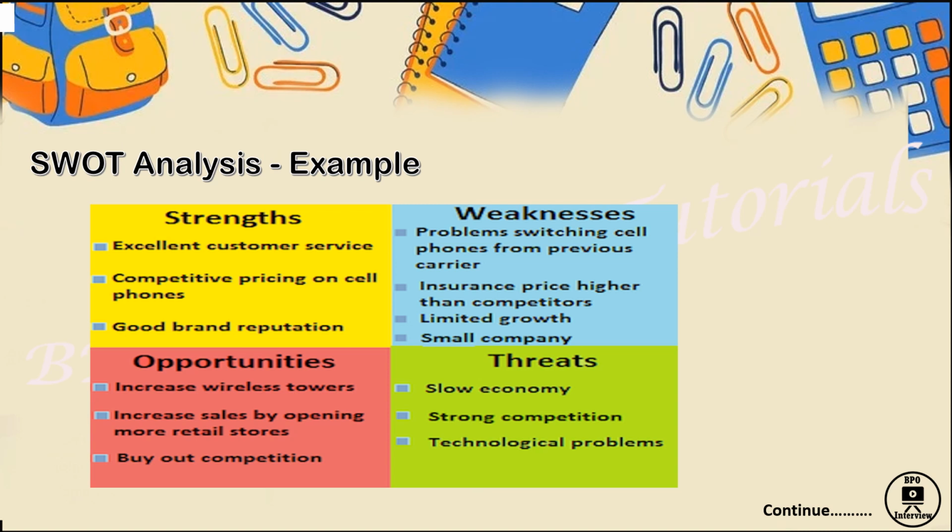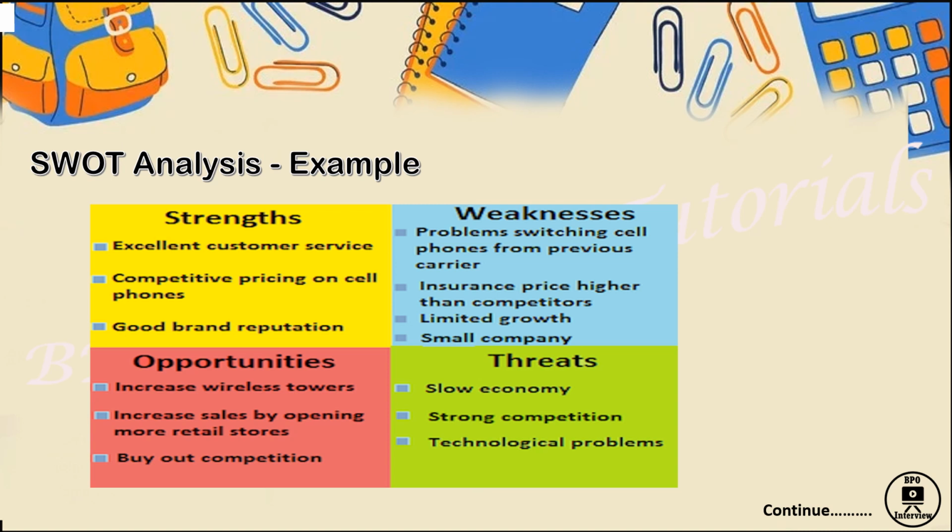Okay, let's move to an example, guys. This is just an example of one company, wherein they have strengths like good customer service, competitive pricing on the sales, and good brand reputation. Now the weaknesses they have identified: switching cell phones from previous carrier, insurance price higher than the competitor, limited growth as a small company. Then the opportunities they have identified: increase the wireless towers, because they have limited resources and the cell phones are wired, so they thought they would go with wireless towers.